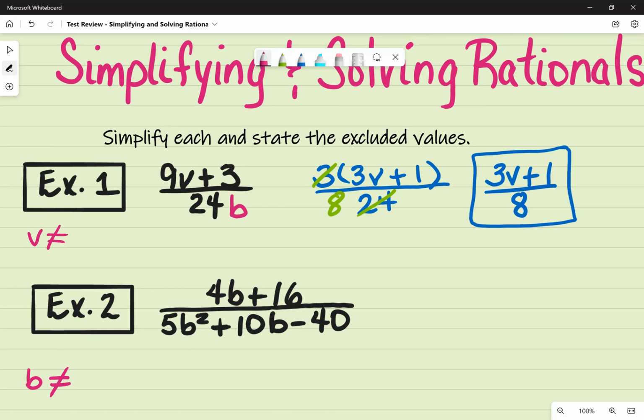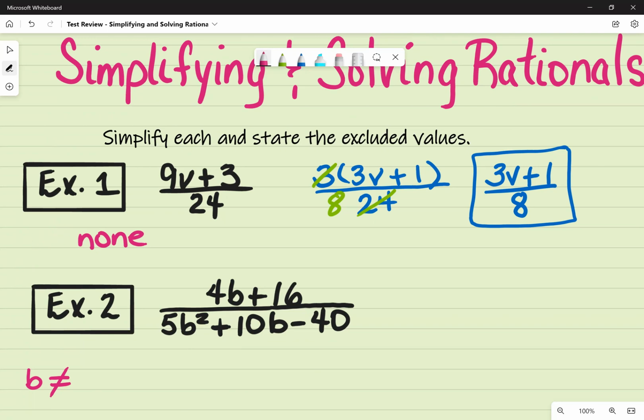But had it been 24v, then if we put a 0 in for the variable v, that will be the excluded value, because 24 times 0 would have made the denominator 0, and we couldn't have that. So in this case, since there is not a variable, it's just a number, there is not an excluded value, so none.